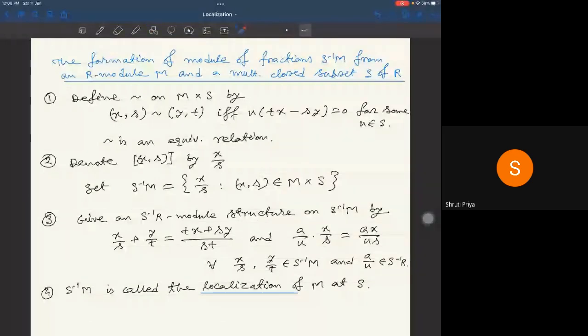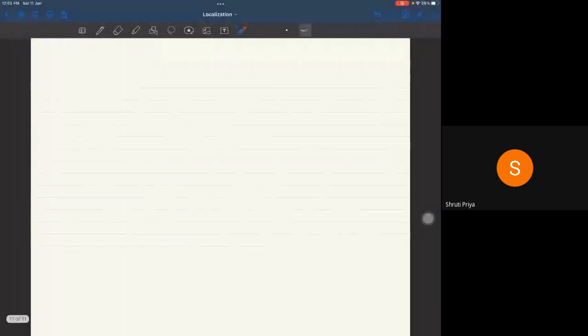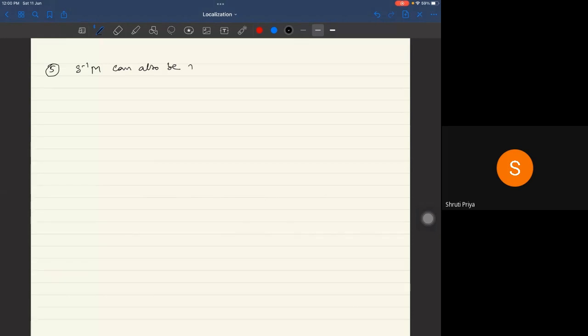So of course S inverse M is a module over S inverse R. Now this S inverse M can also be regarded as an R module.